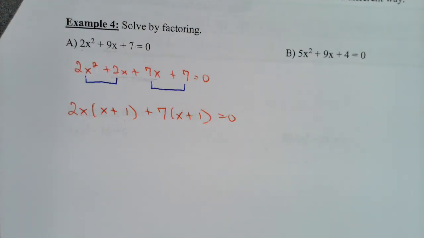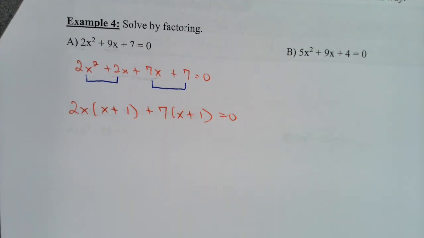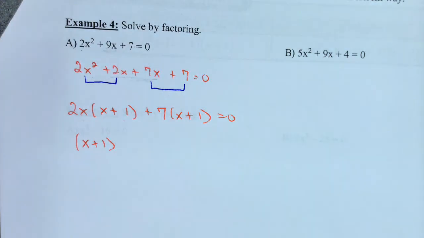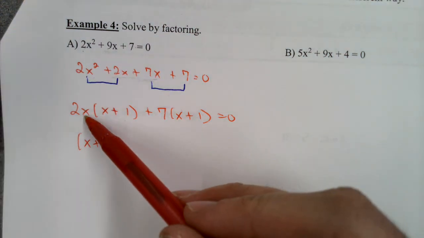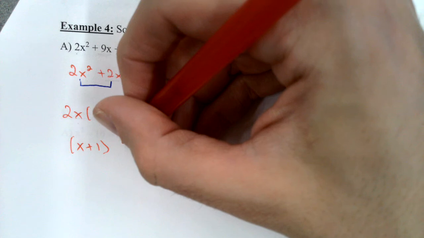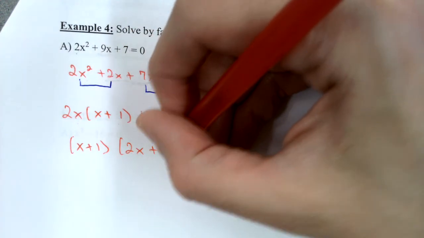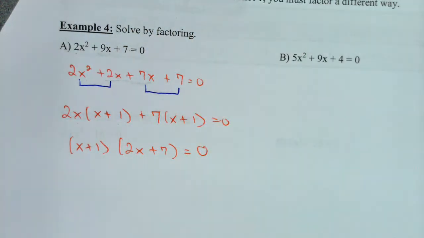At this point, the parentheses should match. See how the parentheses match? X plus 1, x plus 1. So you factor that out to the front, and everything left over, in this case 2x plus 7, comes in the second set of parentheses.